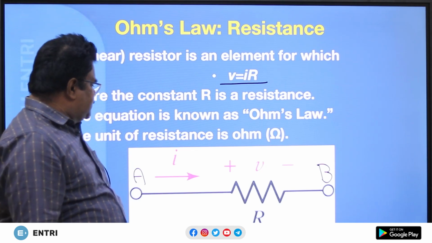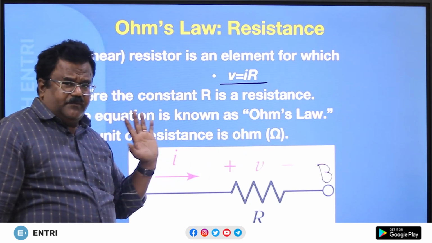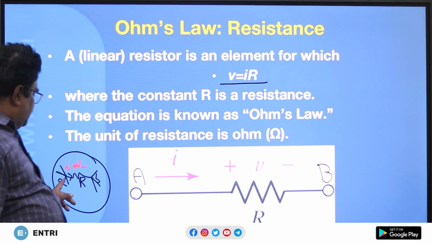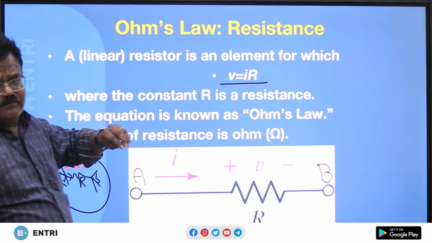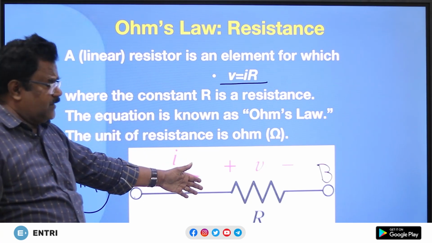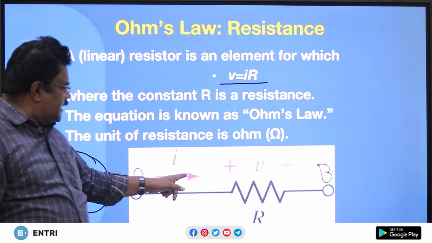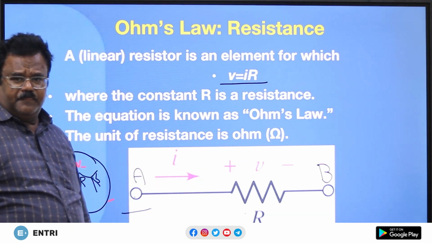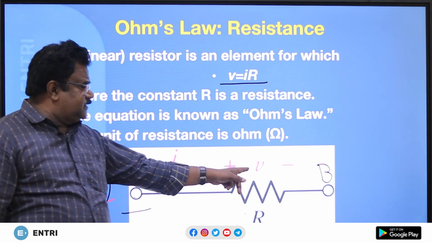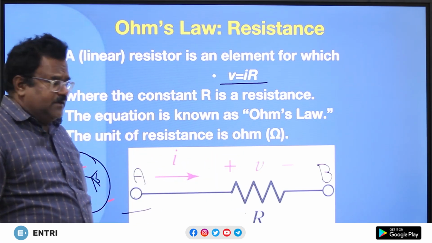Now, observe carefully here. This is point A and point B. Between any two terminals, either you give a supply, or because of the circuit some current is flowing, and because of this current the voltage is equal to I into R. Current is flowing here, voltage is calculated here, from higher potential to lower potential.